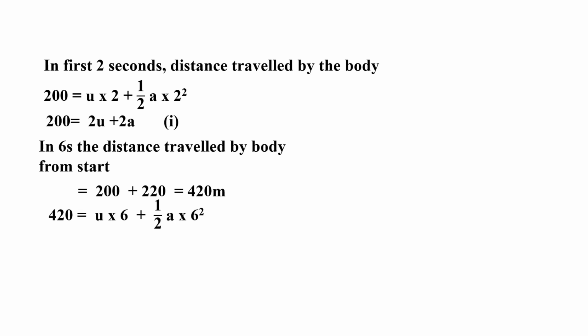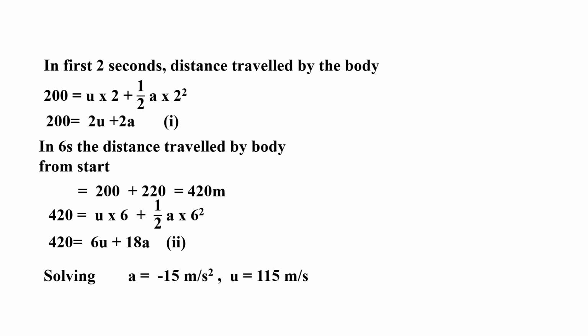So 420 is equal to 6u plus half a into 6 square. 6 square is 36, half of 36 is 18. So 420 is equal to 6u plus 18a. This is equation 2. Solving 1 and 2 we get a is equal to minus 15 meters per second square and u is equal to 115 meters per second.